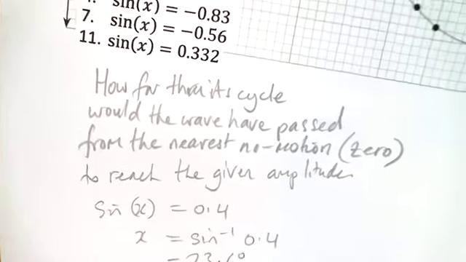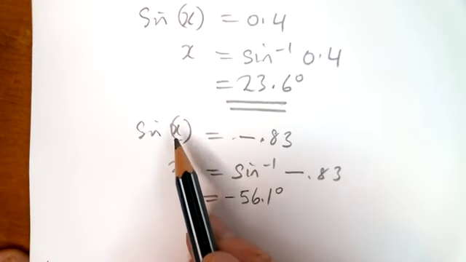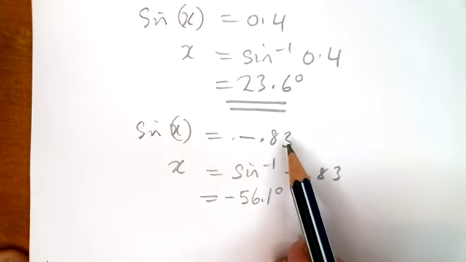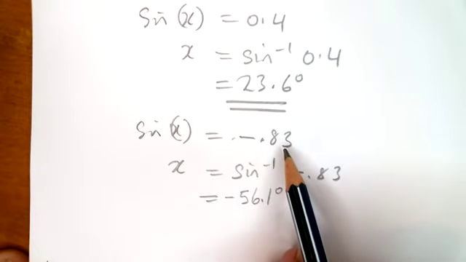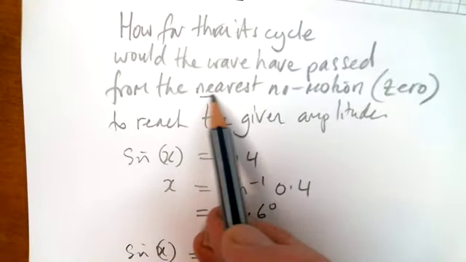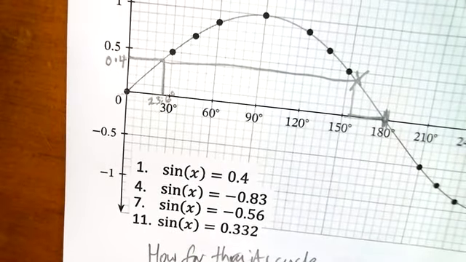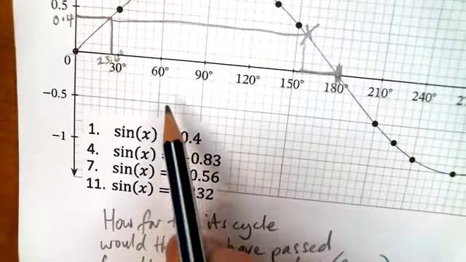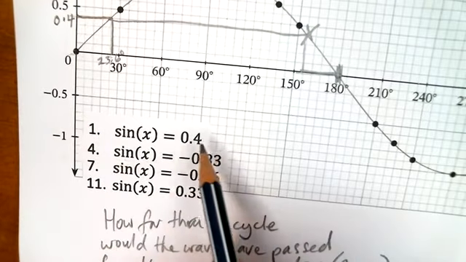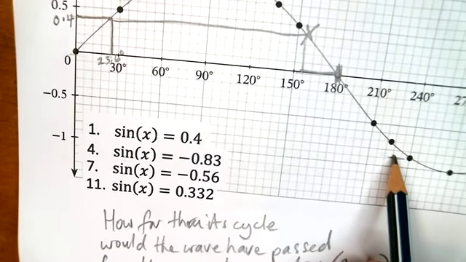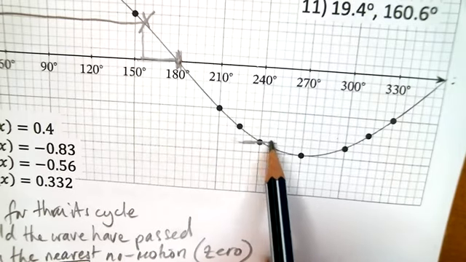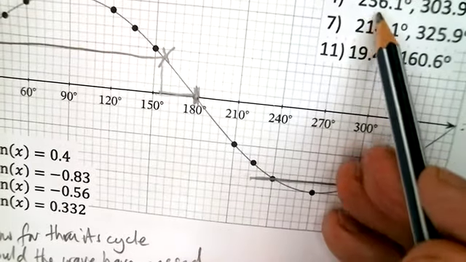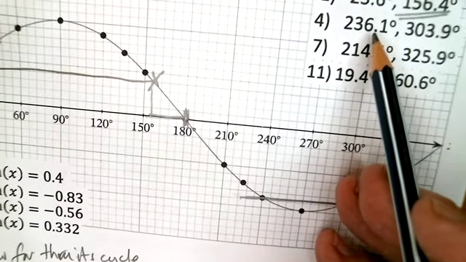Well, remember, this is finding how far this wave has passed through its cycle to get to negative 0.83 on the amplitude scale, from the nearest no motion position. So if we have a look at negative 0.83, it's going to be somewhere around here-ish, and here-ish, and in actual fact, we're going to find it's going to be 236 and 303.